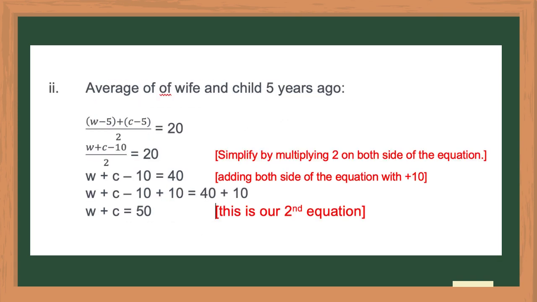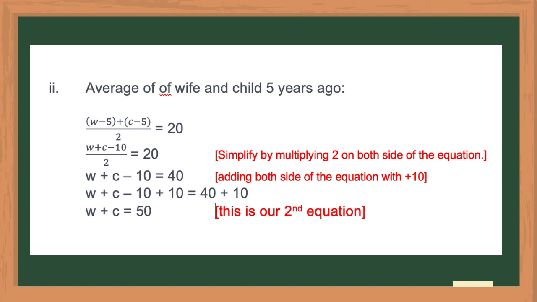Then we will get the average of wife and child 5 years ago as given by the problem. 5 years ago means we subtract 5 from the age of the wife. So it becomes W minus 5 plus C minus 5, divided by 2, since only the wife and the child, 2 persons, which is equal to 20.